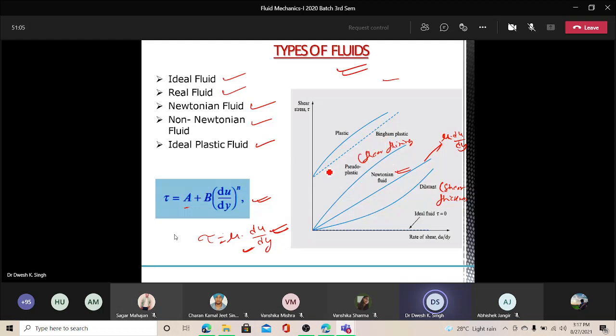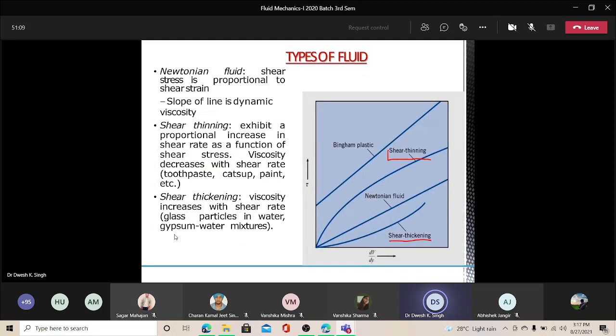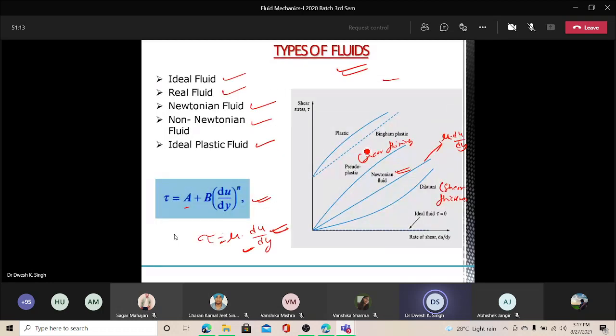Then there comes the Bingham plastic, which you can see here. All of these depend on how they behave with respect to shear stress and rate of shear, and you can say here also the shear strain. That means how the fluid behaves under the action of force.